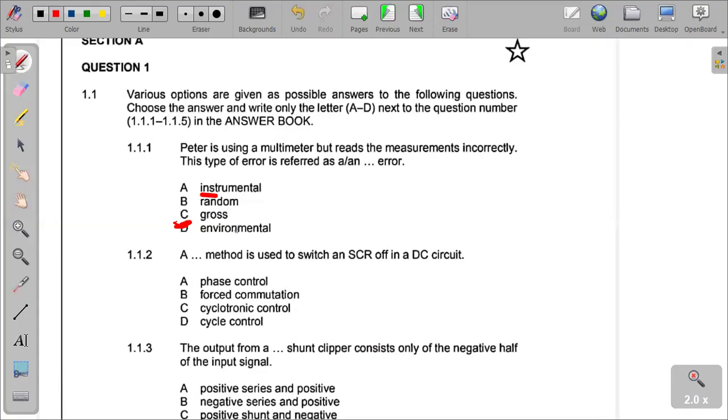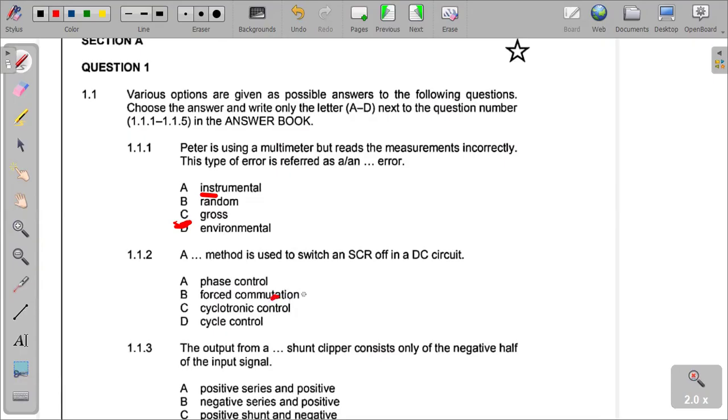So 1.1.2: a dash method is used to switch an SCR off in a DC circuit. That's forced commutation. That's B. It might interest us to know that commutation is a method of turning off the SCR from an on state to off.